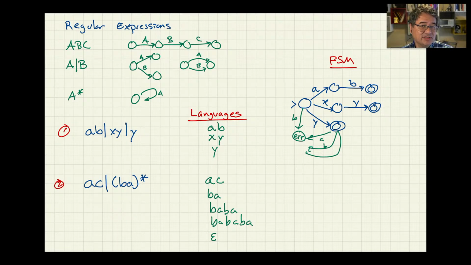It's easier for me to say that any transition that's not explicitly shown is assumed to implicitly go to an error state. That way you keep the diagram simple enough. So I'm not going to insist that there be transitions for every symbol, including ones that go to an error state. I'm not going to show the error state unless it's absolutely necessary.